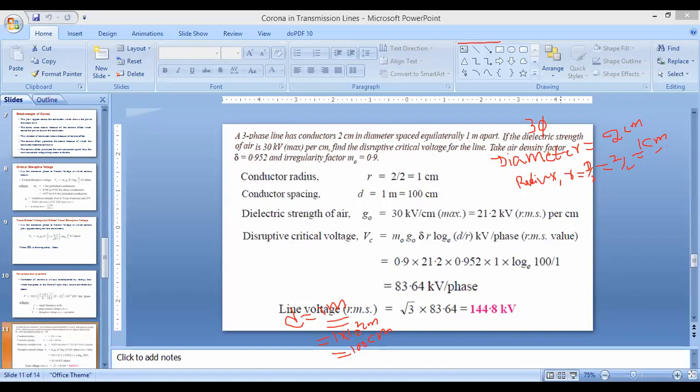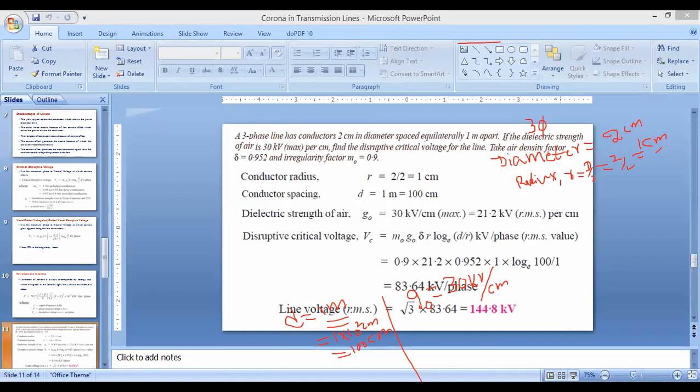If the dielectric strength of air is 30 kV maximum per centimeter, here the dielectric strength is represented by G0. G0 equal to 30 kV per centimeter is the maximum value given, but here we are substituting the RMS value.